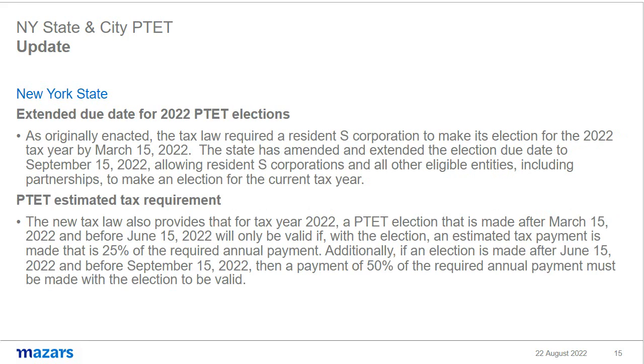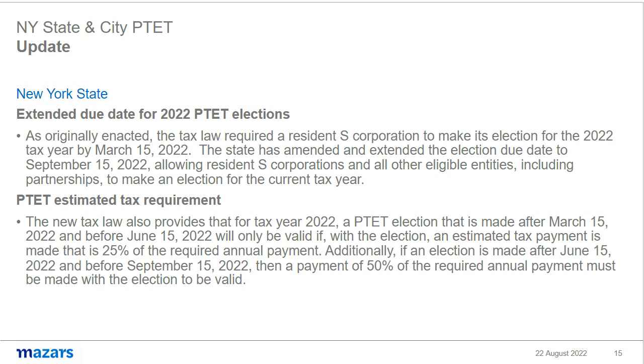Also, the state has extended the due date only for this year for the 2022 PTET elections to September 15th. So it was originally March 15th. It's now September 15th, with the caveat that any late election also requires the payment of estimated tax.